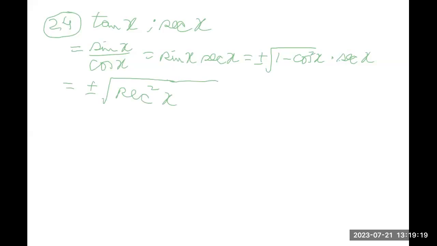Again, cosine and secant are reciprocals, so that product is just 1. And this is what we wanted, our result to have just secant, and that's what we have. So that's your answer. Or tangent x is the same as plus or minus square root of secant square x minus 1.